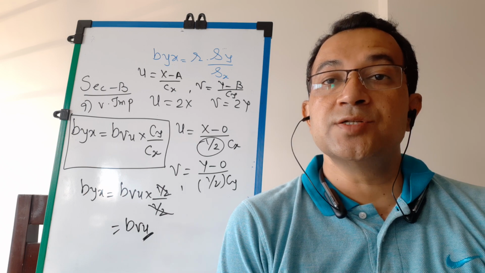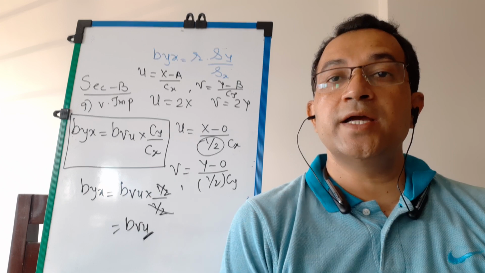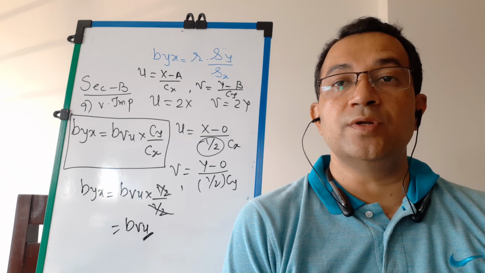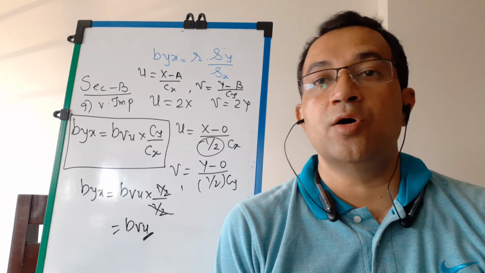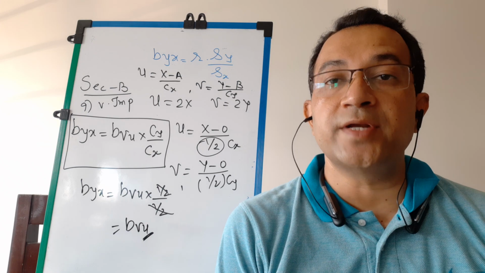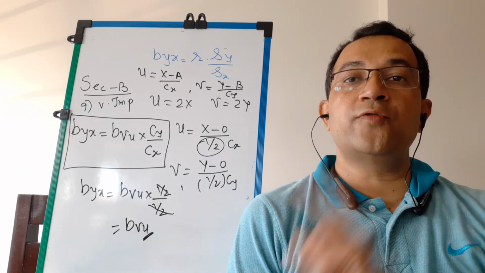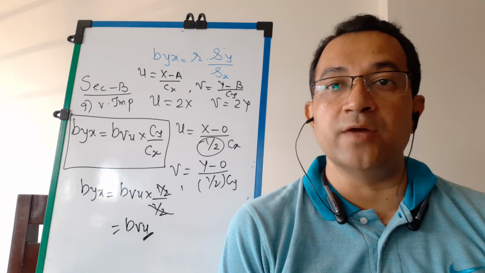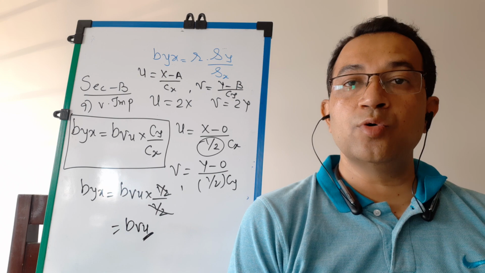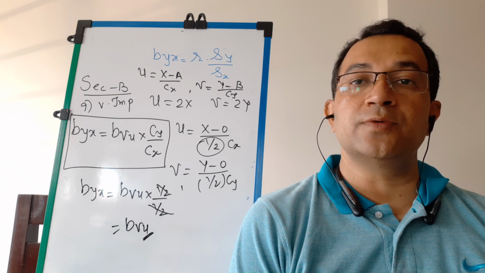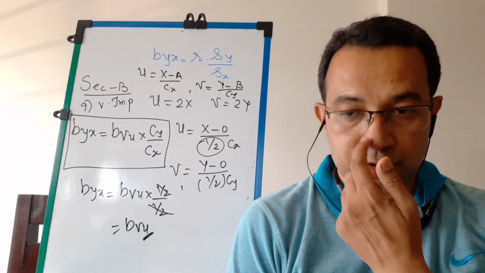Here b is not changing because cy and cx are same. If cy and cx are same, their ratio will be 1. So if both the variables are doubled or tripled or made 5 times at a time, then students, the value of regression coefficient b will never change. So students, this is one of the most important VSQ of section B, question 9.